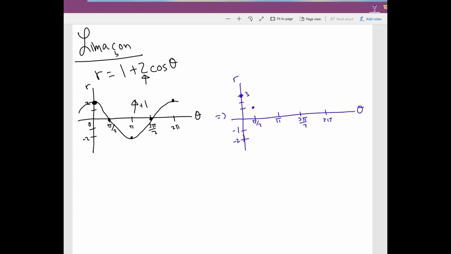Then at pi, notice that I was at -2. I'm going to shift it up 1, so now I'm going to be at -1. At 3 pi over 2, I was at 0. Lift it up 1, and I'm going to be at 1 now. Then at 2 pi, I'm going to lift it up 1 unit, and I'm going to be at 3. So this is what my new graph looks like.